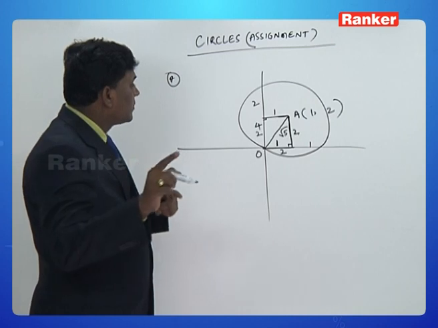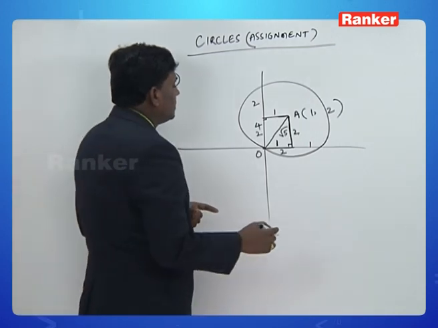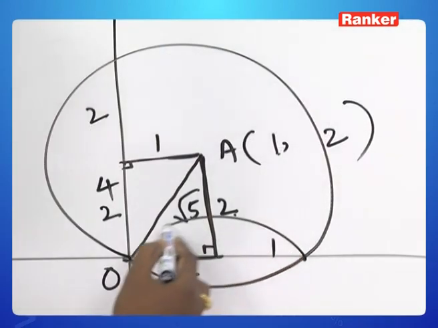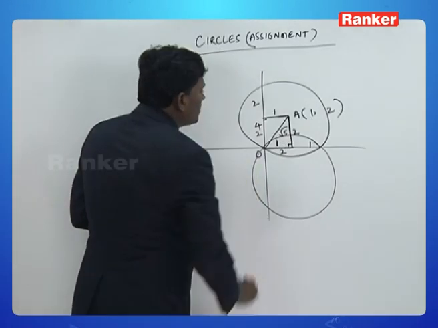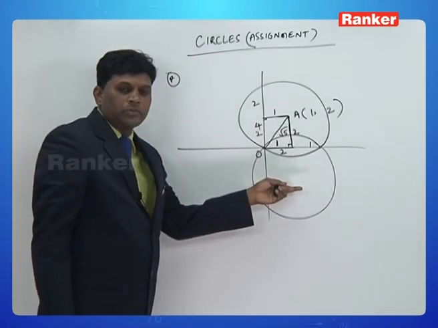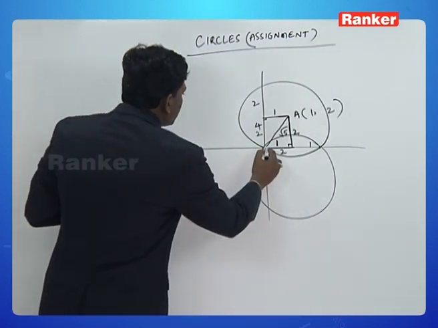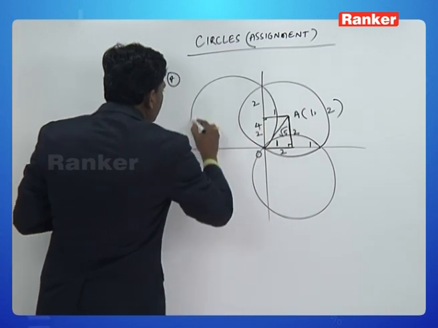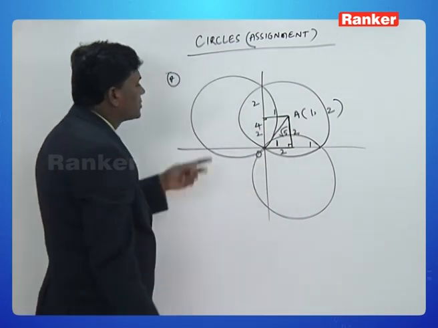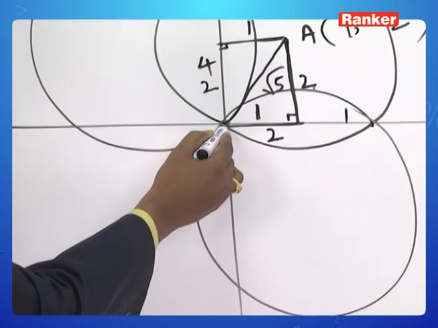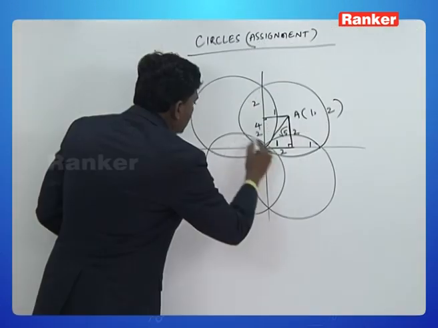But according to the given question, we can also draw a circle satisfying the conditions in this way also. In a very similar way, we can get circle equations satisfying these conditions in this quadrant, and also in this way.